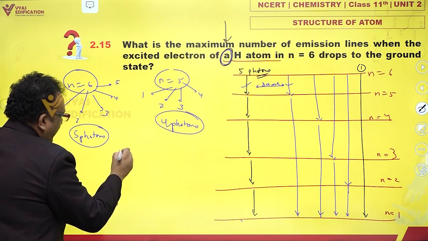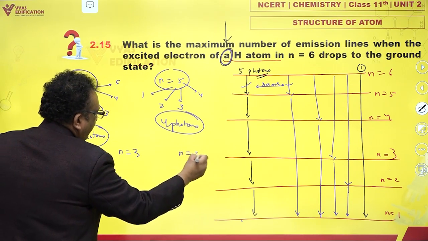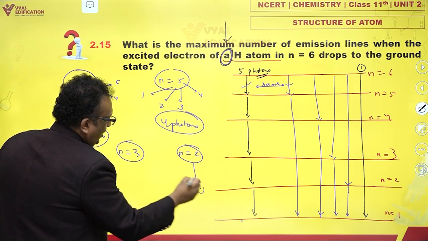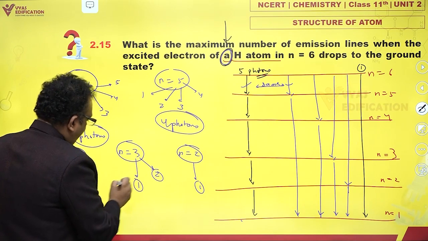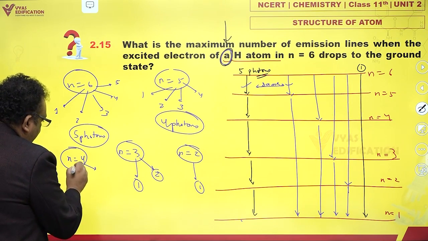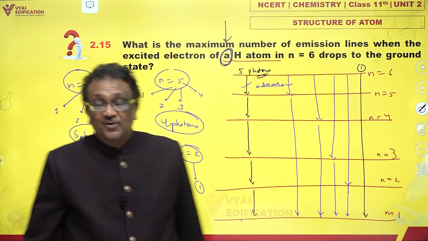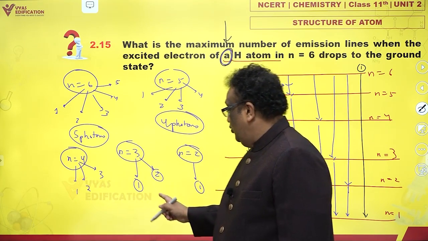And then n equal to 4, 3 and 2. From 2 you can go to 1. From 3 you could go to 2 or 1. From 4 you could go to 3, 2 or 1. So you have 5 photons, or 4, or 3, or 2, or 1.